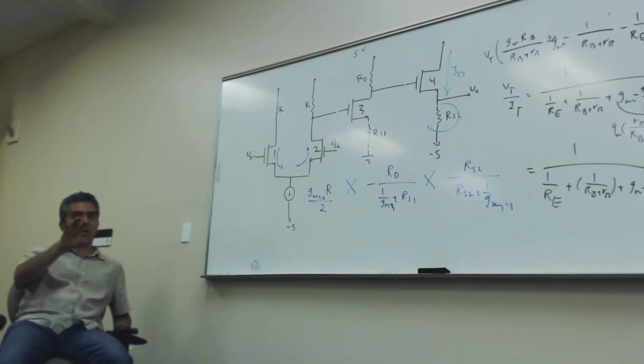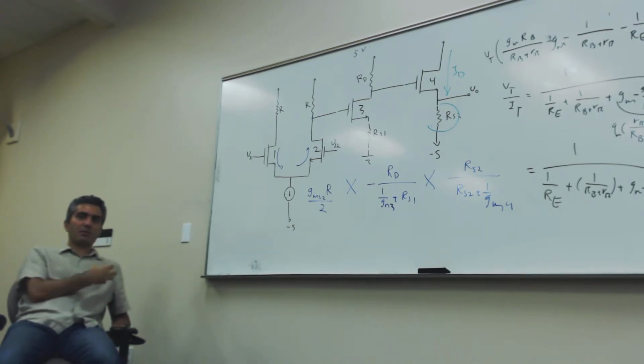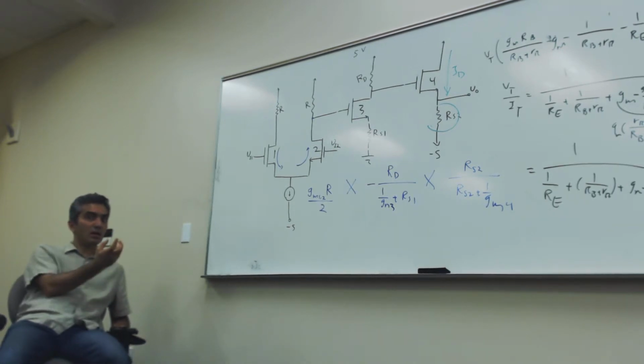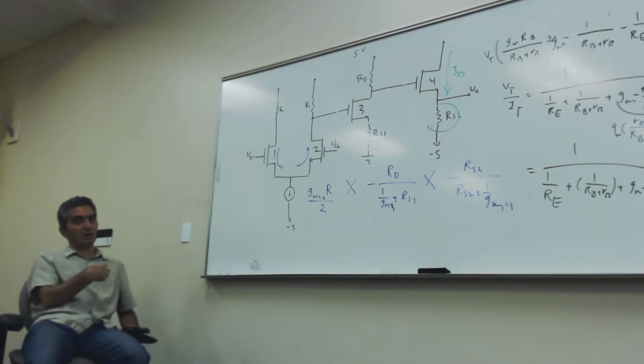So you can actually write an equation that is only a function of ID and process parameters, and look into, okay, when I increase ID, what happens to the gain? When I decrease ID, what happens to the gain? Should I increase ID or decrease ID to get larger and larger gains?